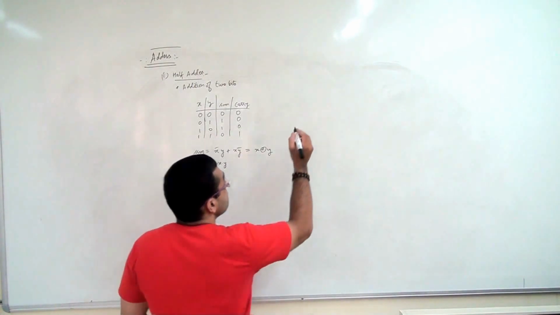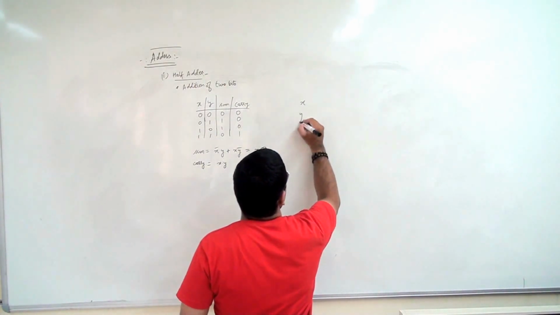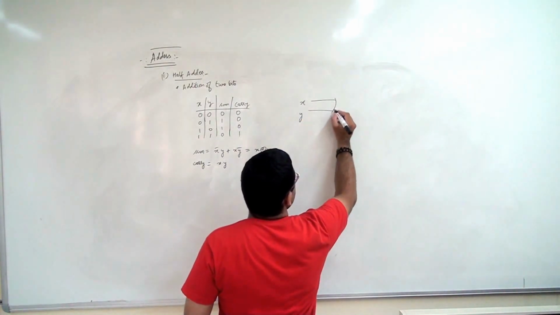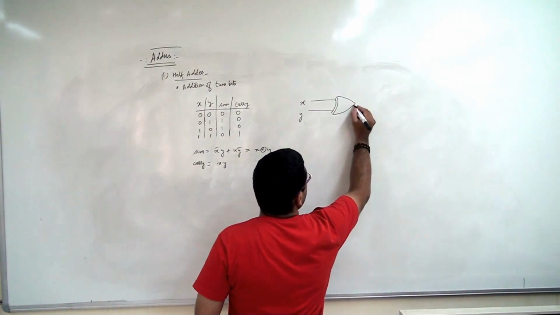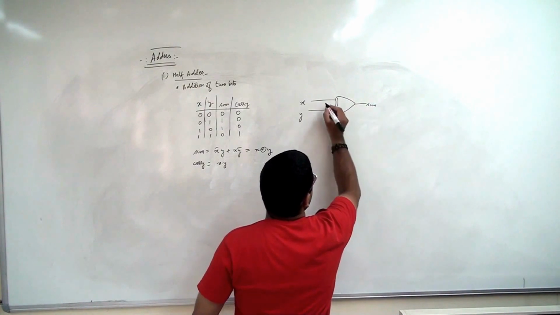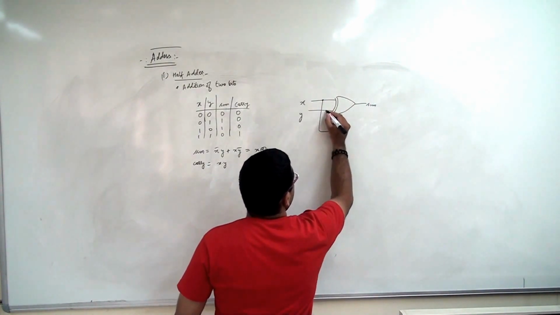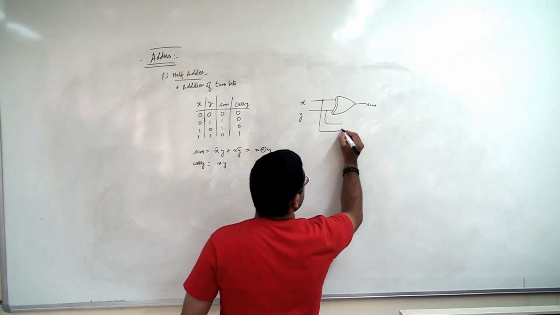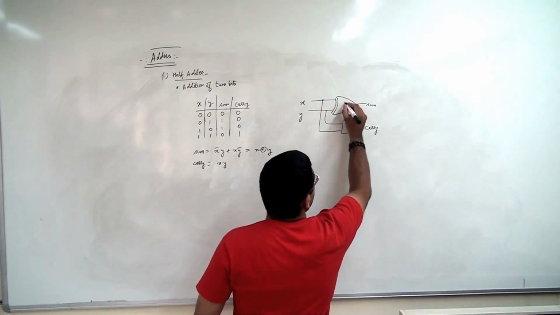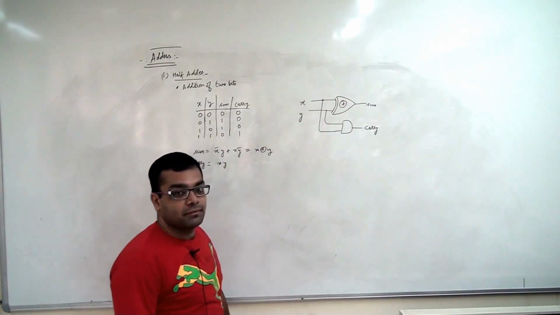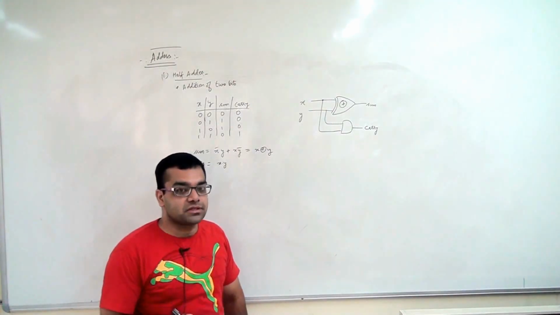So our simple circuit for the half adder has x and y as two inputs going into an XOR gate, whose output is the sum, and an AND gate, whose output is the carry. This is the output of our circuit.